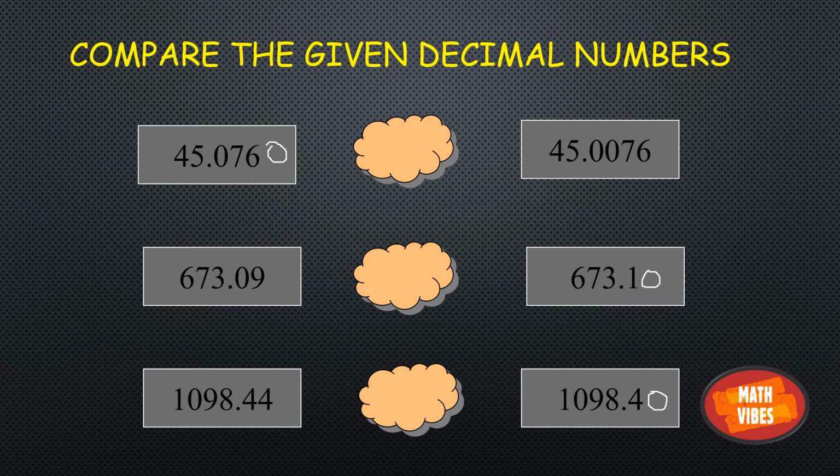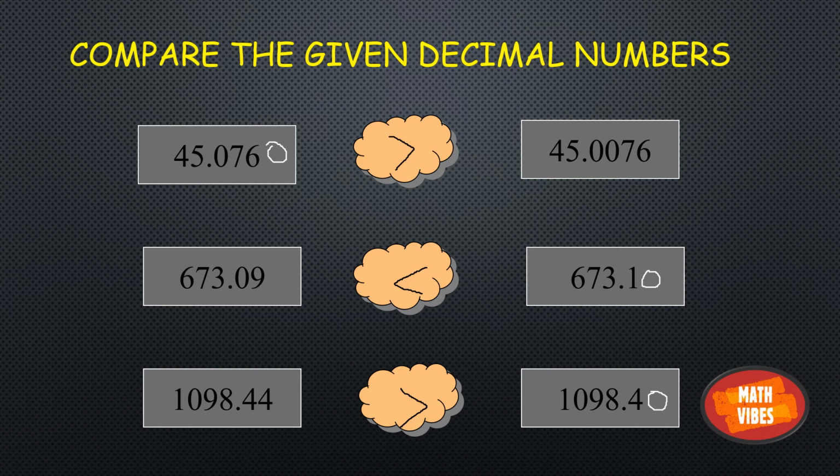And then of course you can quickly solve it: the whole parts are the same. Go to the 10th part, 0 and 0. Go to the next part, 7 and 0, and 7 is greater than 0, so this number is bigger. Now same way 673.09 and 673.10, and we know that this is greater. Now same way you can see that the last part here is greater.